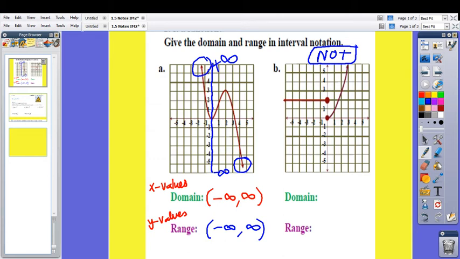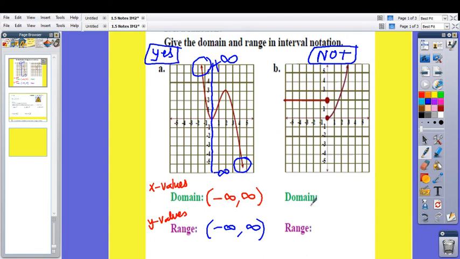Okay. And this one, you can see it is constantly going without lifting the pencil. There are no breaks in the function, and its curves are smooth, so they are not sharp turns. So this one is a function. Okay.